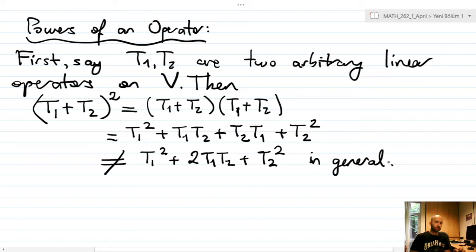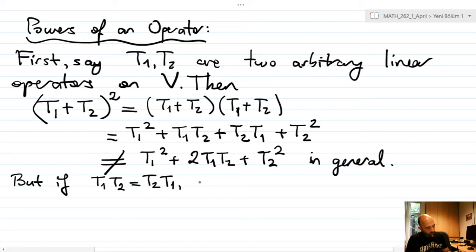Right, and the underlying reason is T1 T2 usually is not equal to T2 T1. Composition of operators is not commutative in general. But if for some special reason T1 T2 is equal to T2 T1, then equality would hold.